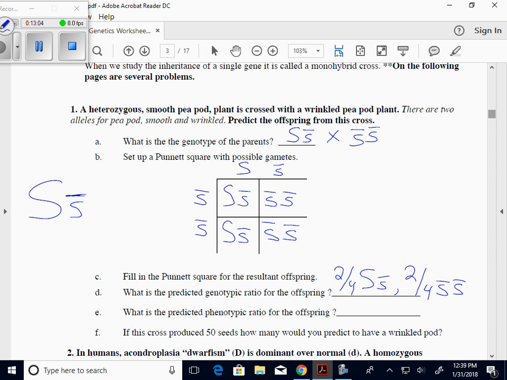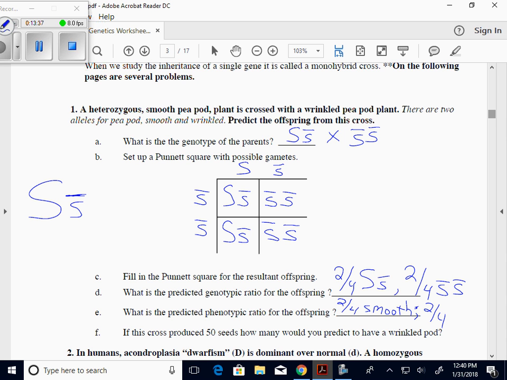Yeah. All right. Now it says, what is the predicted phenotypic ratio? Well, what's capital S, lowercase s? That's a smooth pea pod, right? So, 2 out of the 4 are smooth. And 2 out of the 4, what's little s, little s?